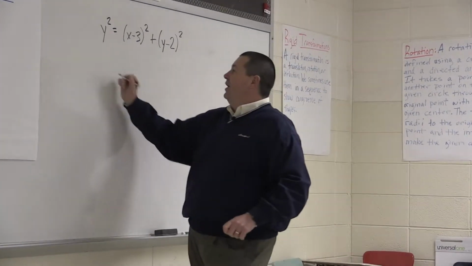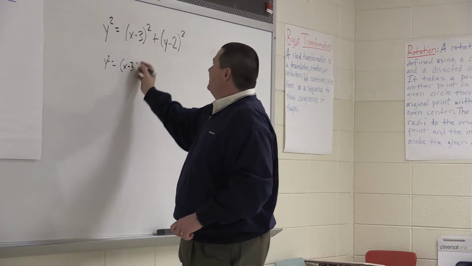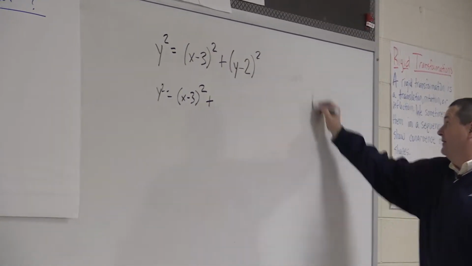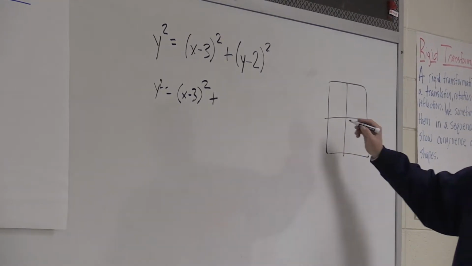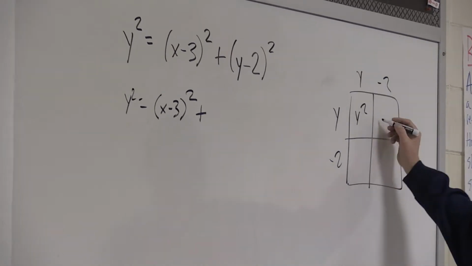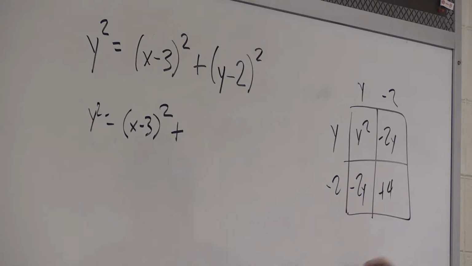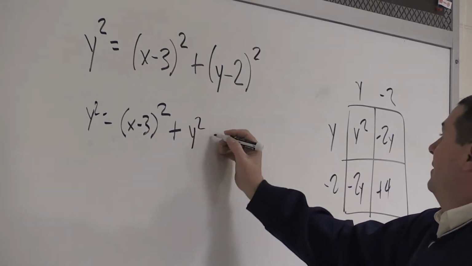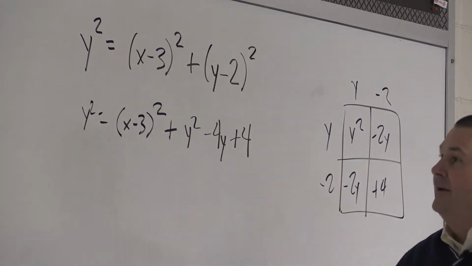All right, so let's go. Y squared, we're not going to touch this. Remember from yesterday? Y'all remember this? So let's see, y minus 2, y squared minus 4y plus 4.